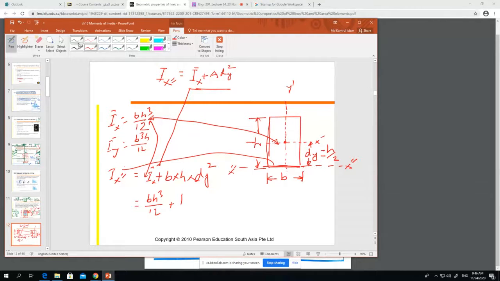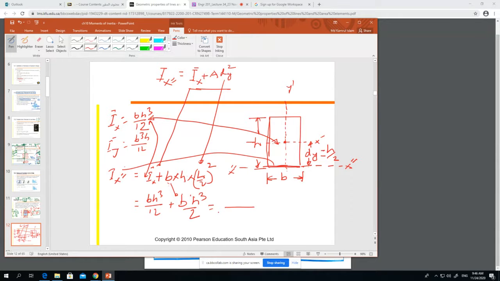So dy square equals H by 2 square, because dy equals H by 2. So B into H into H square over 4, so B is there, and H cube over 12.